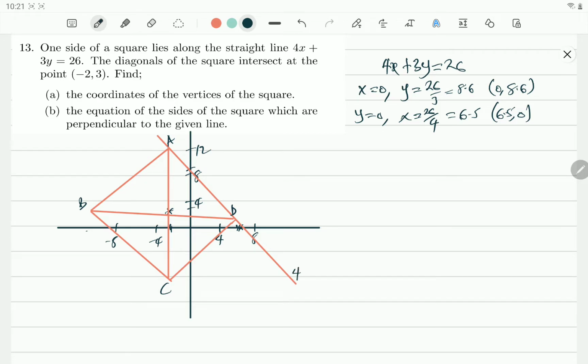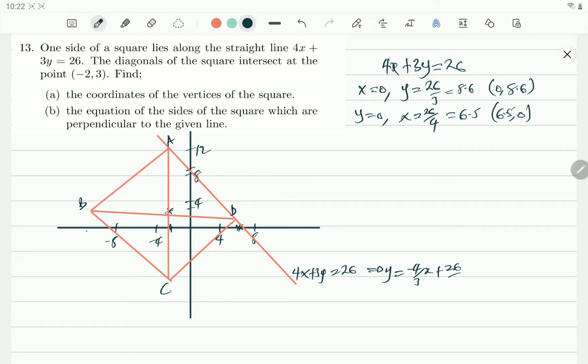Now we have that this line 4x plus 3y equals 26 is one of the sides of the square, and that implies we can find its gradient by putting it in the form y equals mx plus c. So we would have y equals minus 4 over 3 x plus 26 over 3.